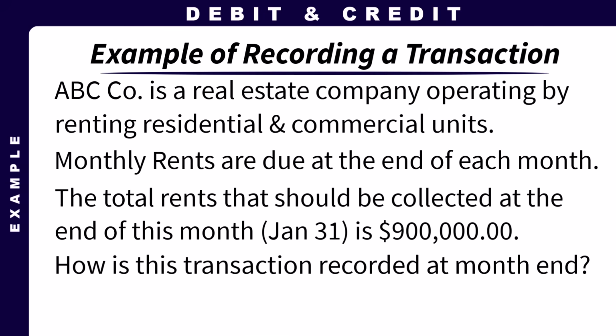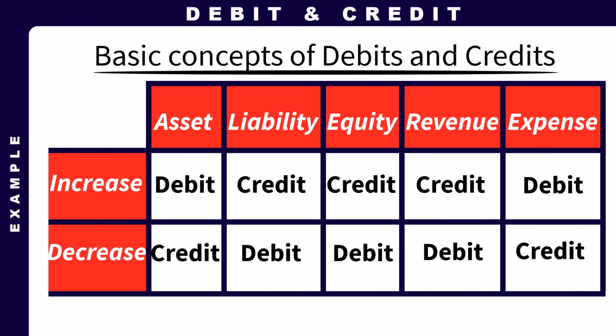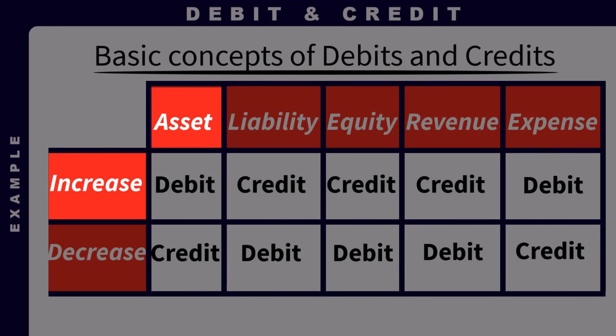Let's see what the last step of recording a transaction is. Okay, that is follow the rules of debit and credit. That is easy. This table is all you need until you start memorizing it. Because of the rental income, our accounts receivable account, which is an asset account, has increased. So, what happens to an asset account that is increased?